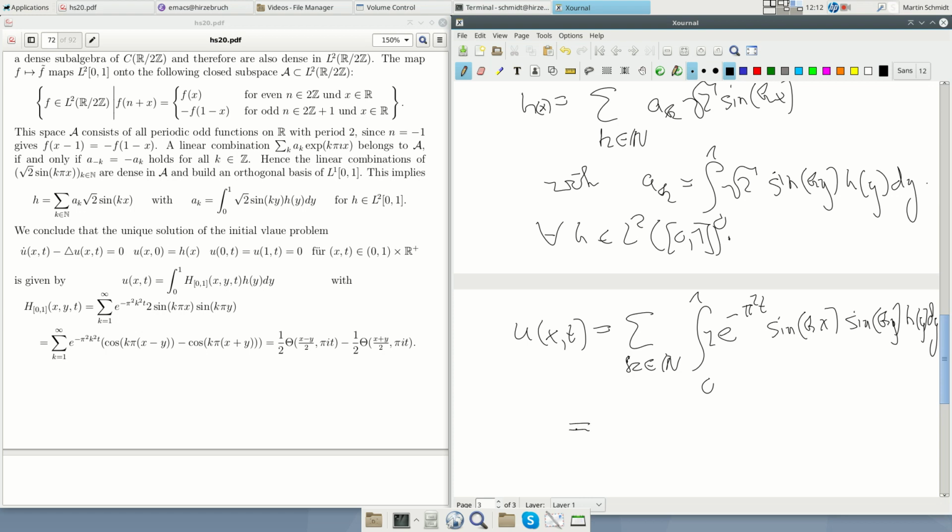So this is of course the integral from 0 to 1 of the heat kernel of x, y, t times h(y) dy.